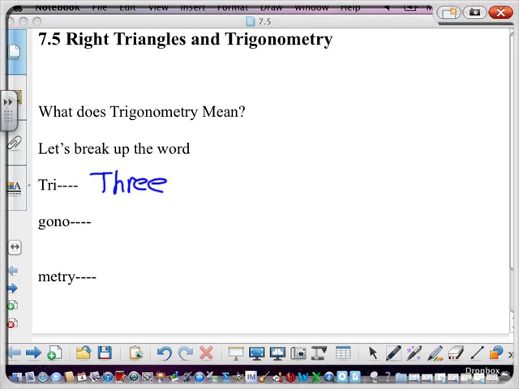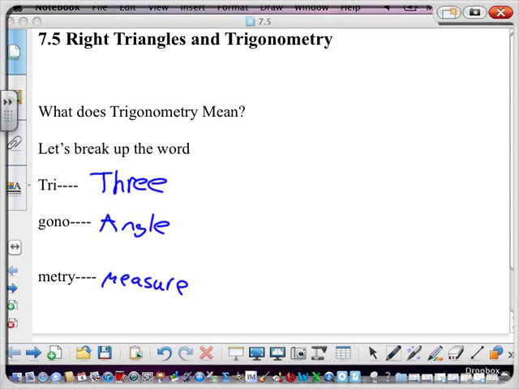It's just angle. What does metry mean? Symmetric does have that word metry at the end. Metry. Measure. Tri, angle, measures. All right.